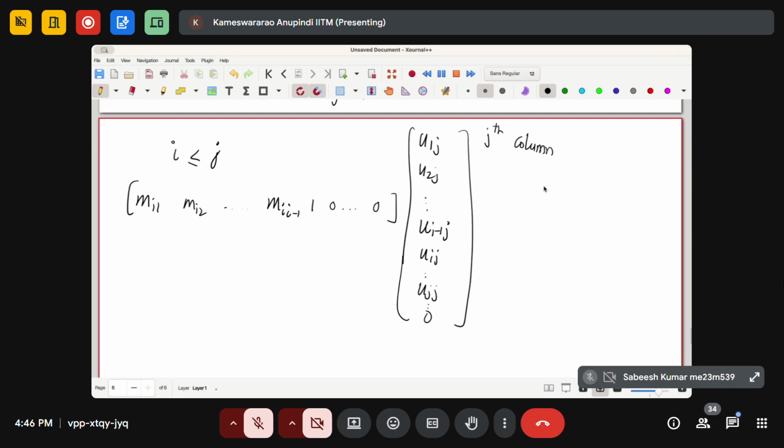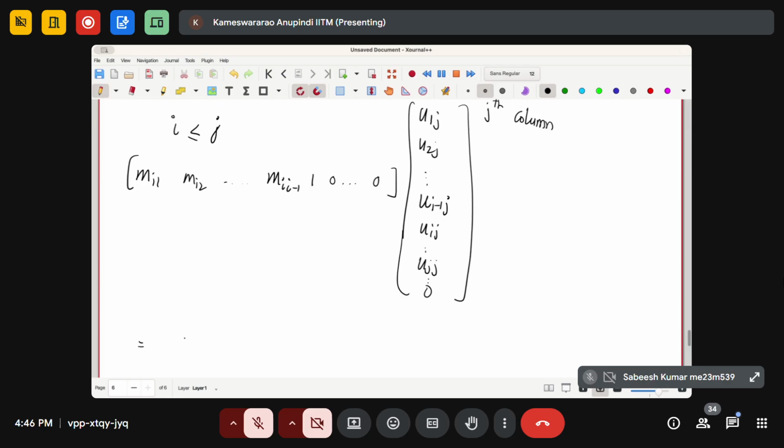Then when I multiply these two, I'm going to get mi1 u1j plus mi2 u2j and so on, plus mi,i minus 1 times u i minus 1,j, plus 1 times uij, plus 0 times u i plus 1,j, and so on. These are all zeros after this.